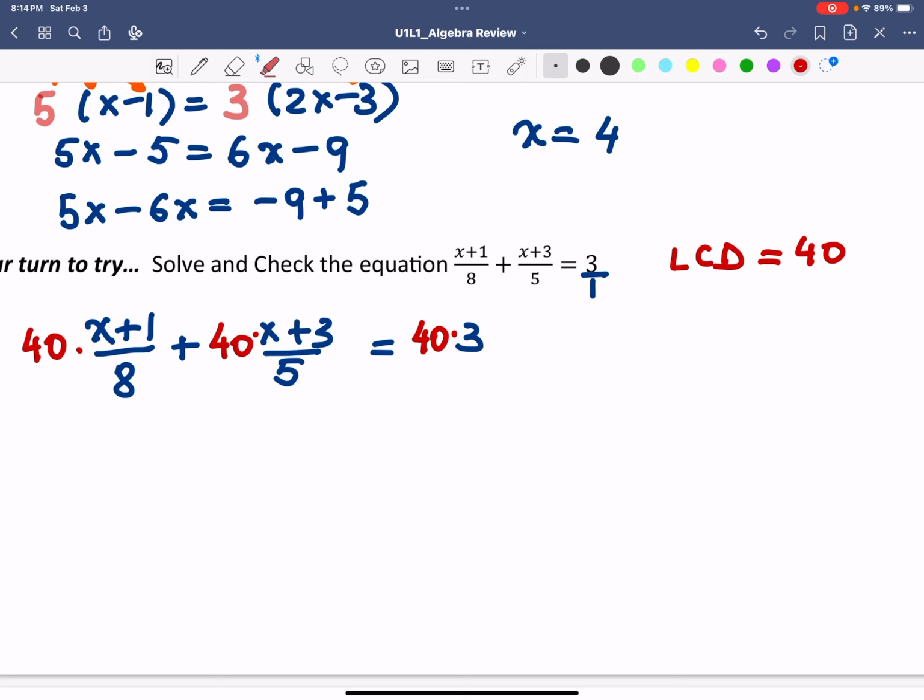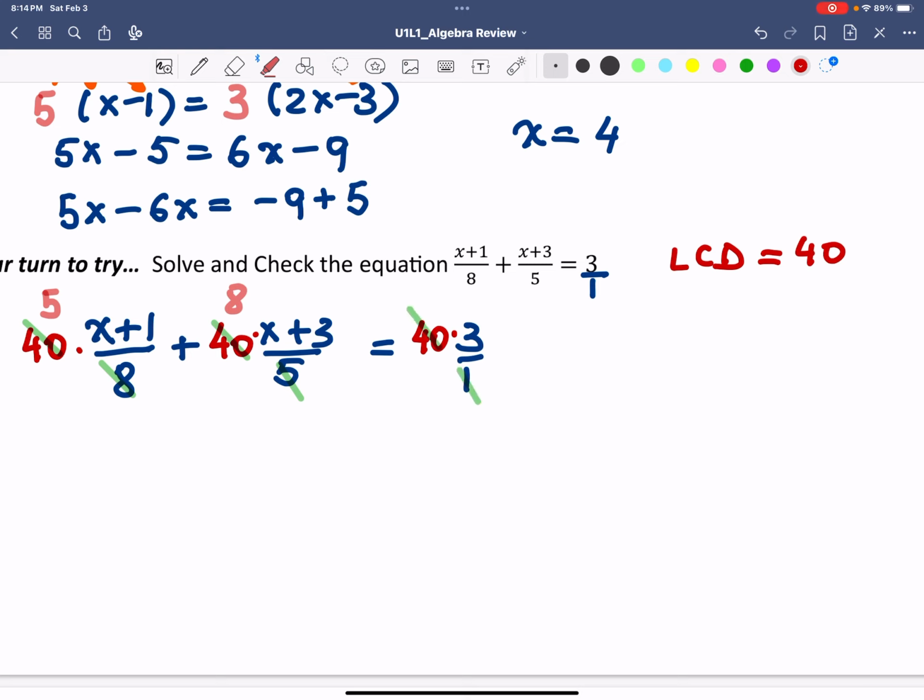So let's shoot the denominators now. 40 divided by 8 equals 5. 40 divided by 5 equals 8. 40 divided by 1, basically 40, right?